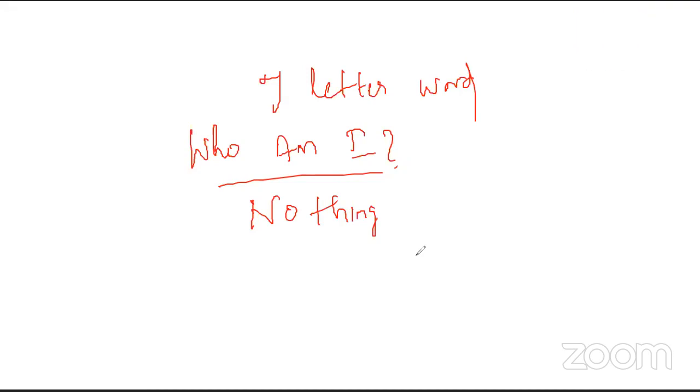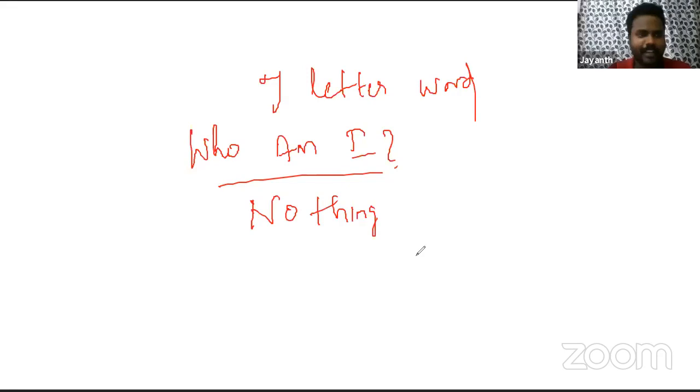Listen here. Did I say alphabet? No. What I said was letter. If you remove the first letter from the postbox, it is still a postbox. If you remove the second letter, still a postbox. If you remove the third one, still a postbox. Even if you remove all the letters, it is still a postbox only. The meaning of the word remains the same.